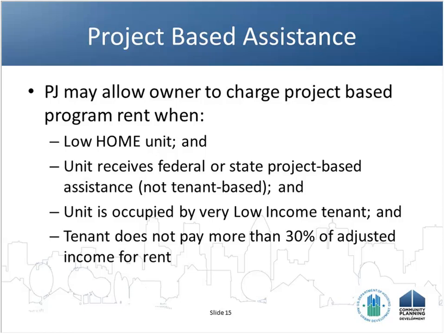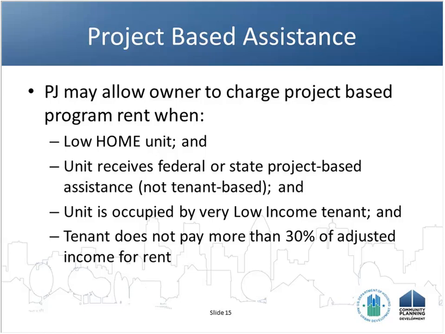But HOME has said you can't use the HOME funds themselves to do that. You may have the ability to use other sources of funds to provide a project-based subsidy. It might be HUD funding, might be another source.